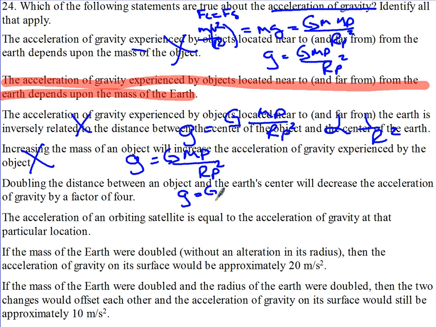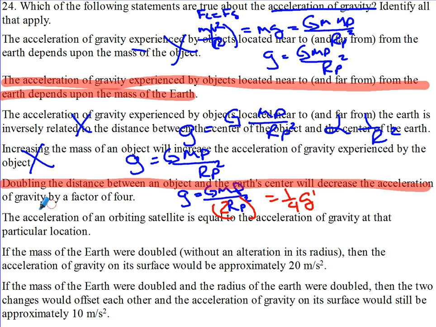If I double the distance, 2 squared, so this is going to be 1/4. All right, yep, this one is true. Doubling the distance will indeed decrease the gravity by a factor of 4.